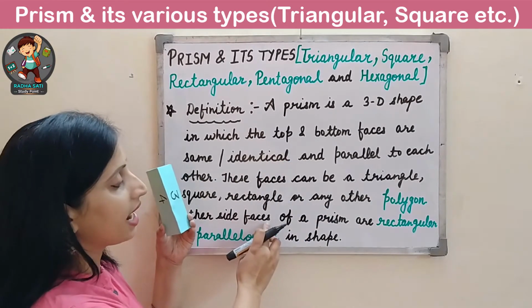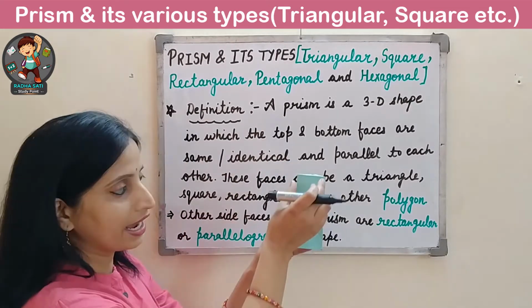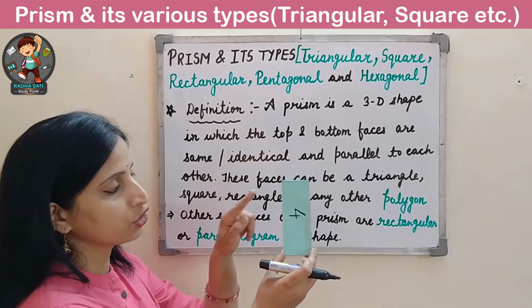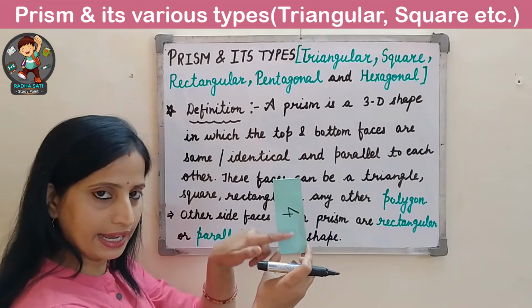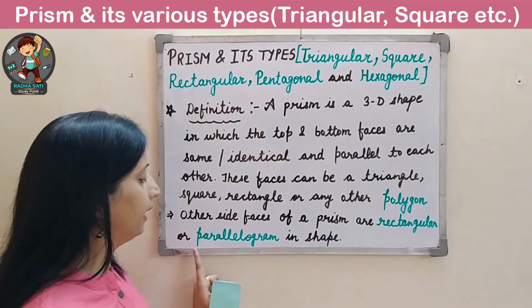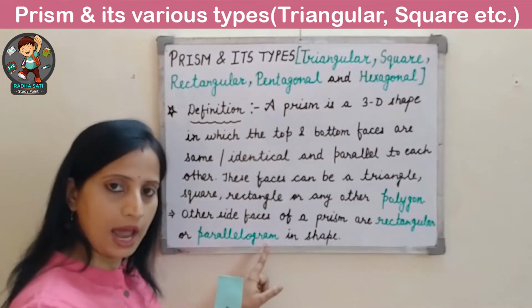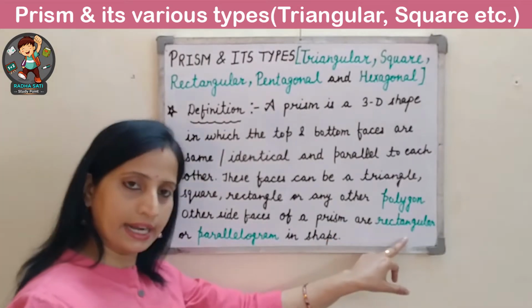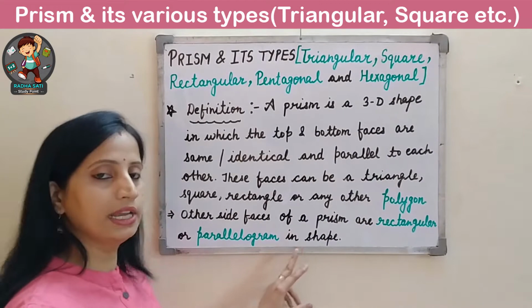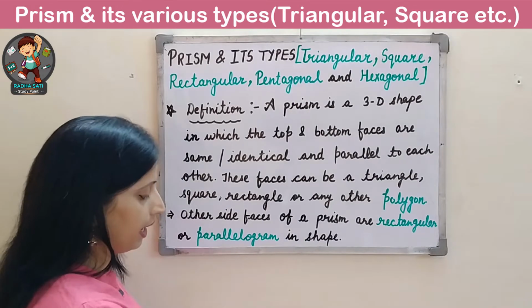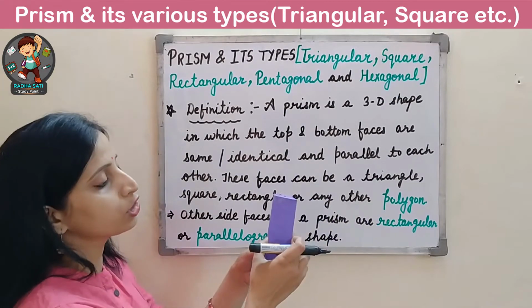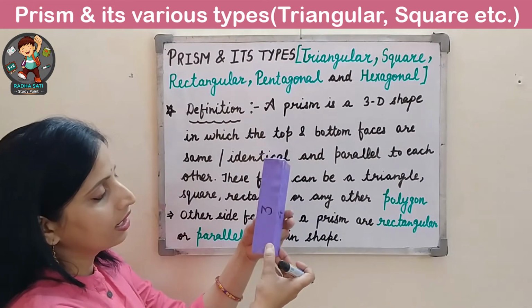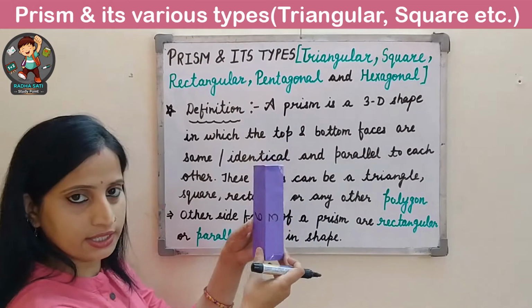The other side faces of a prism are rectangular, or they can be in the shape of a parallelogram. So the side faces will either be rectangular or parallelogram in shape. Like in this square prism also, the side faces are rectangles.